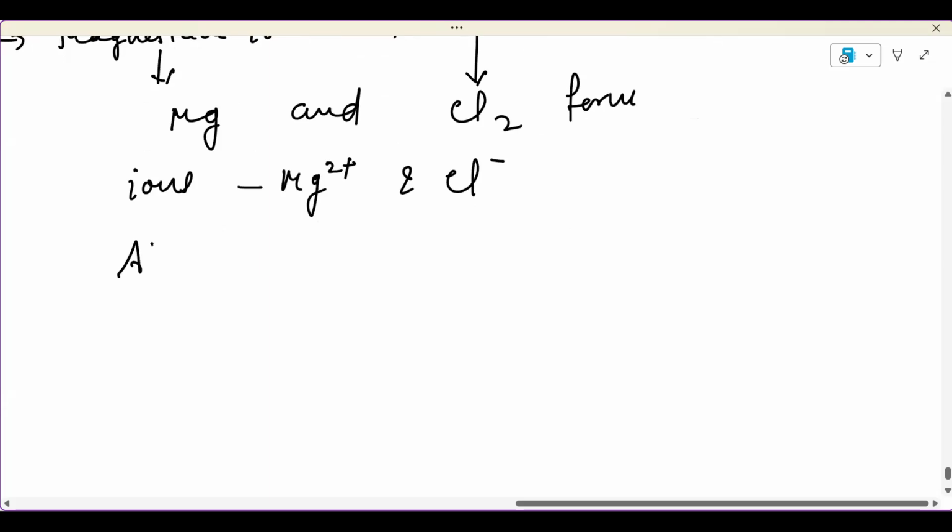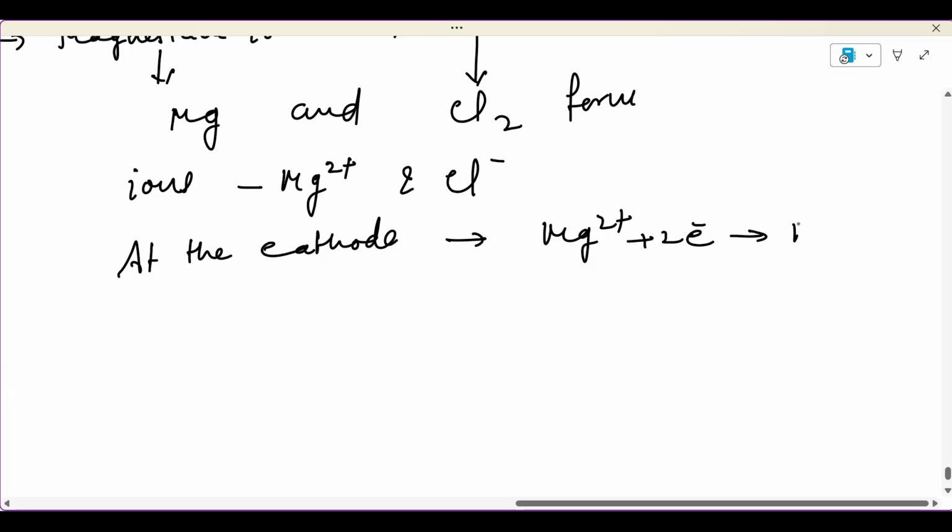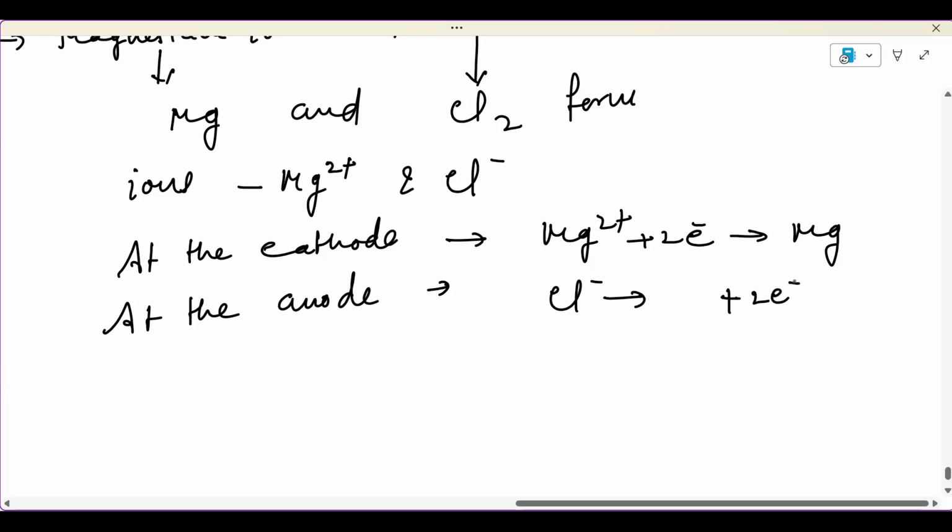At the cathode, Mg2+ after gaining 2 electrons, the magnesium cation becomes magnesium metal. At the anode, chloride ion after losing 2 electrons becomes chlorine gas.